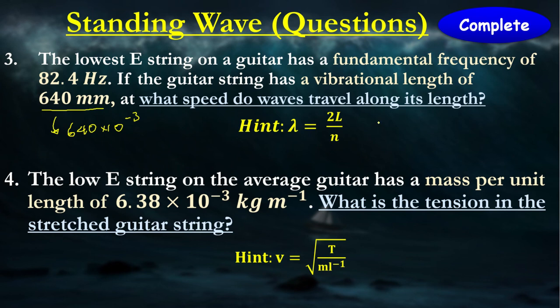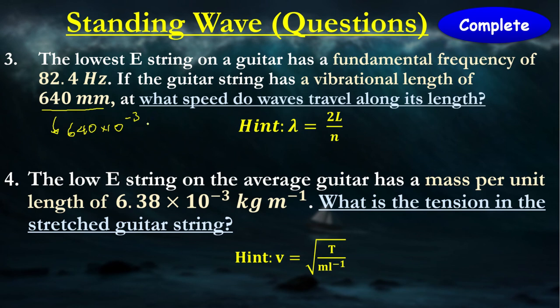So what we need to work out is the velocity, and we also need to work out the length of the string that we're dealing with here. To complete this question is quite simple.